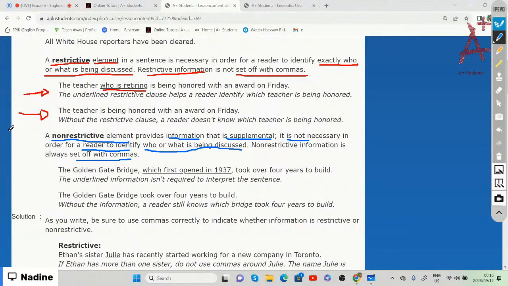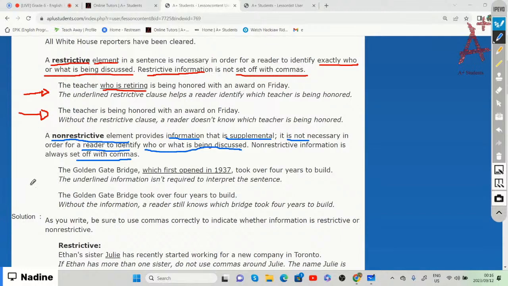Whereas non-restrictive elements are not necessary in order for the reader to identify who or what is being discussed. Restrictive elements are not set off with any commas, whereas non-restrictive elements are always set off with commas. And that is the difference between restrictive elements within sentences and non-restrictive elements.